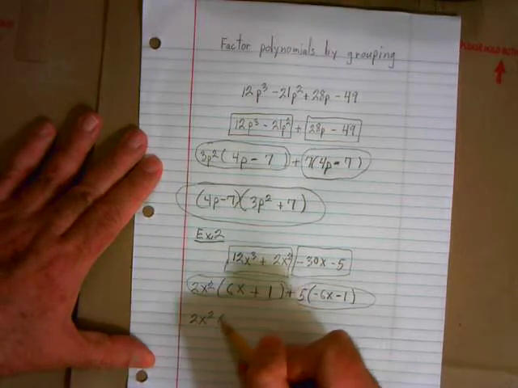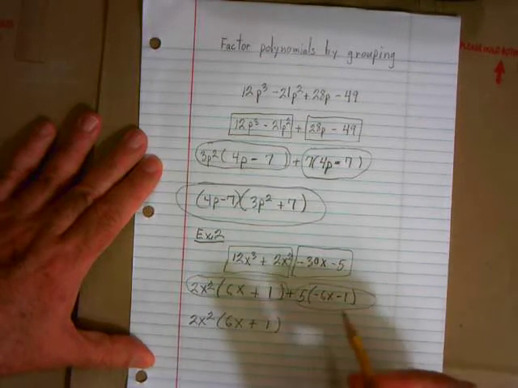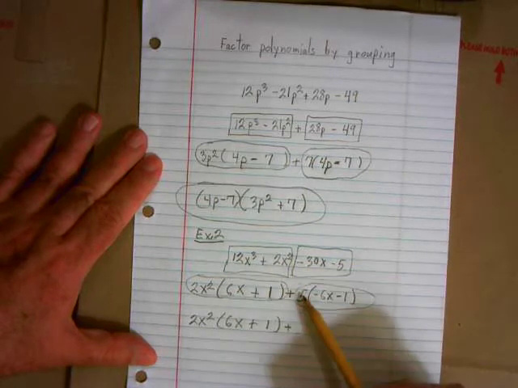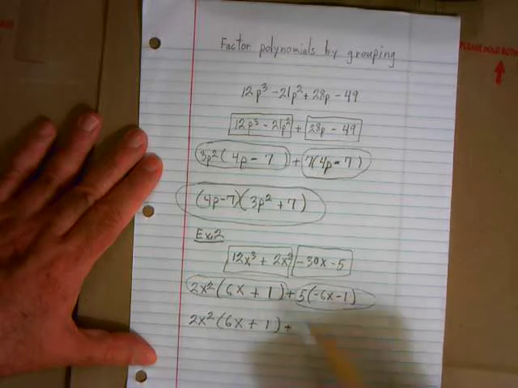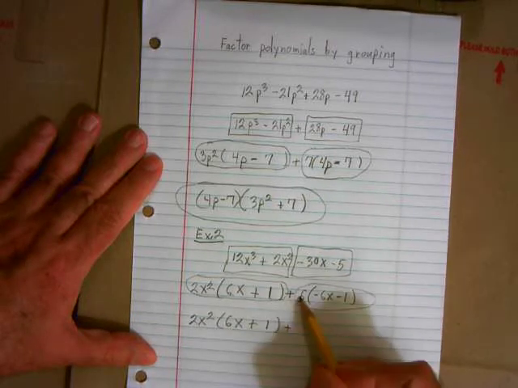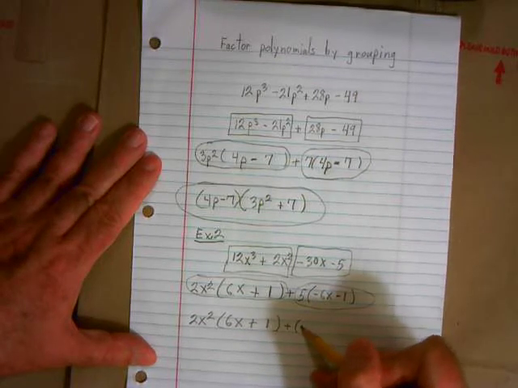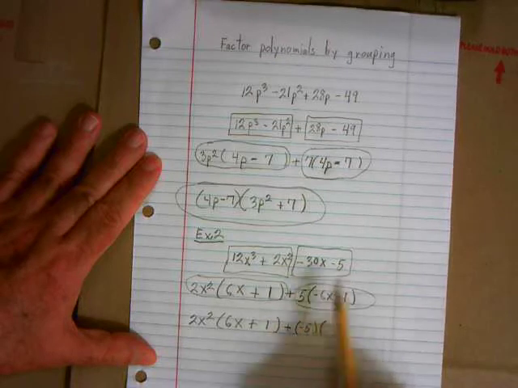Our front term will stay the same. And now, put in the plus, and now, sort of going back to step 2 and making some changes, instead of factoring out a positive 5, let's factor out a negative 5 from these back two terms.